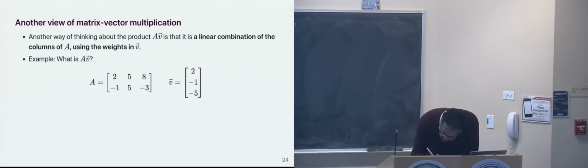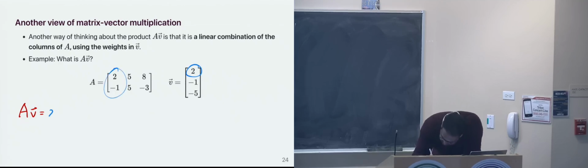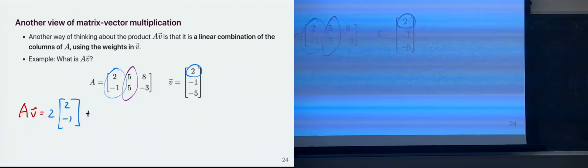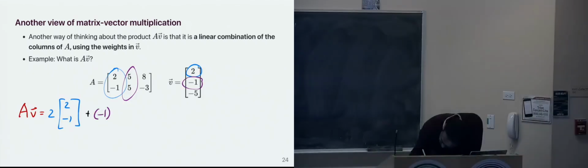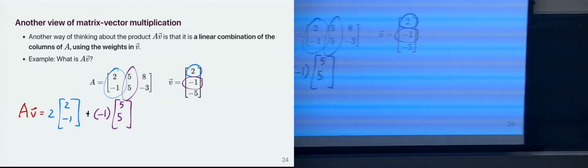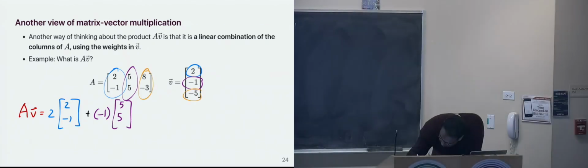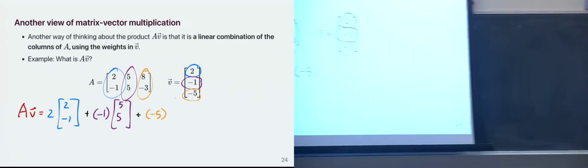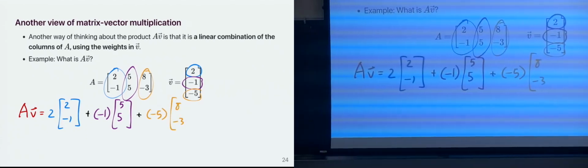Okay? What that means is the product AV can be written as 2 times this vector plus negative 1 times this vector, 5, 5, plus negative 5 times this last vector, 8, negative 3.